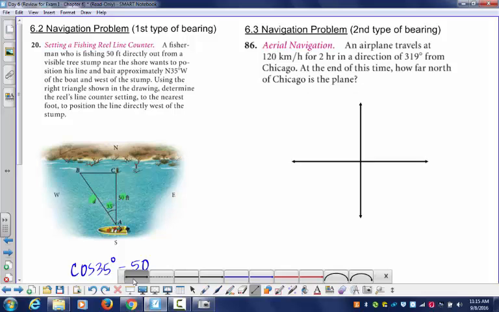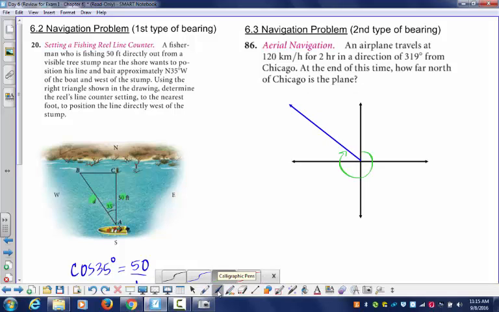This type of bearing for aerial navigation, we come off the North Pole and we rotate clockwise. Instead of off the x-axis counterclockwise, off the North Pole clockwise. So 319, we're going to rotate around, back up into quadrant 2. We have to just keep in mind that each quadrant is 90 degrees.